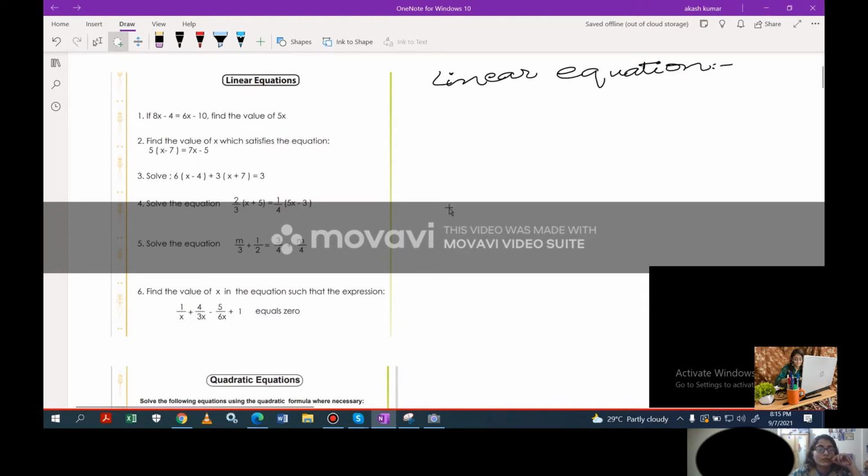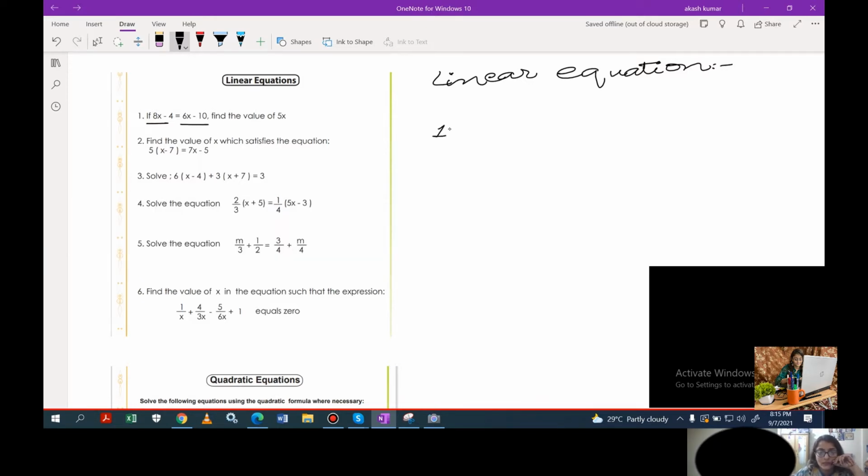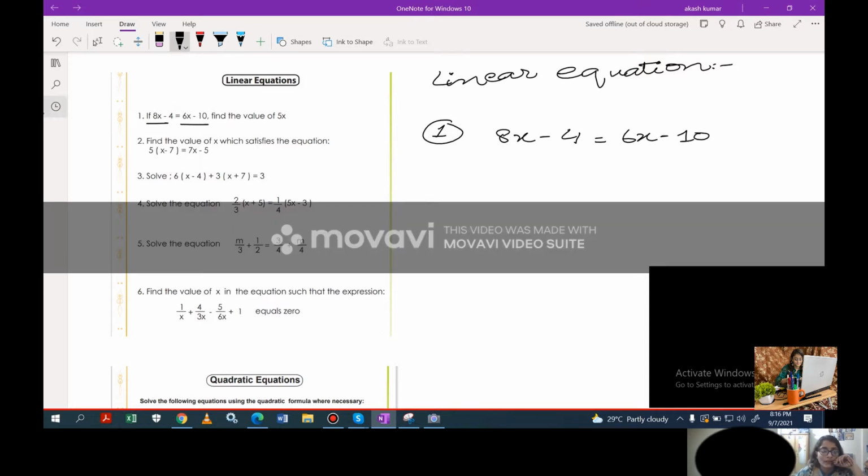So let's start solving our very first question. Question number 1: if 8x minus 4 is equal to 6x minus 10, then find the value of 5x.